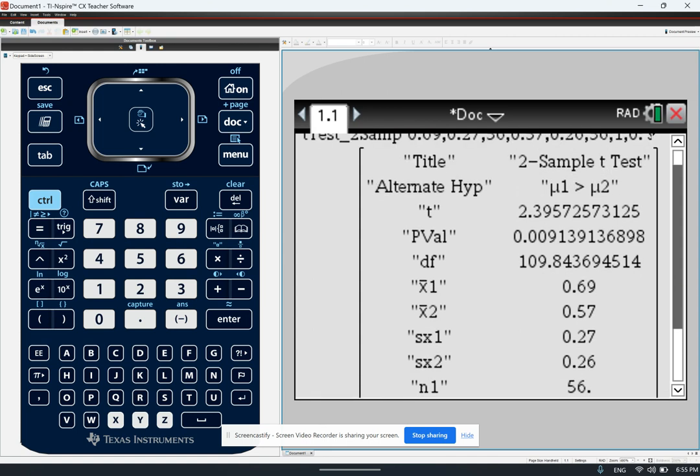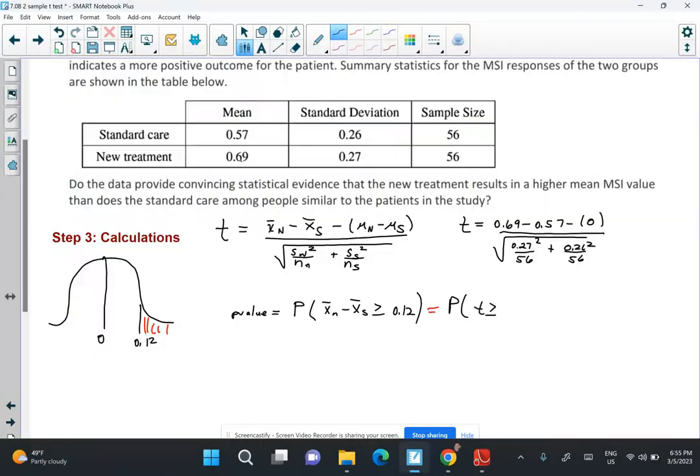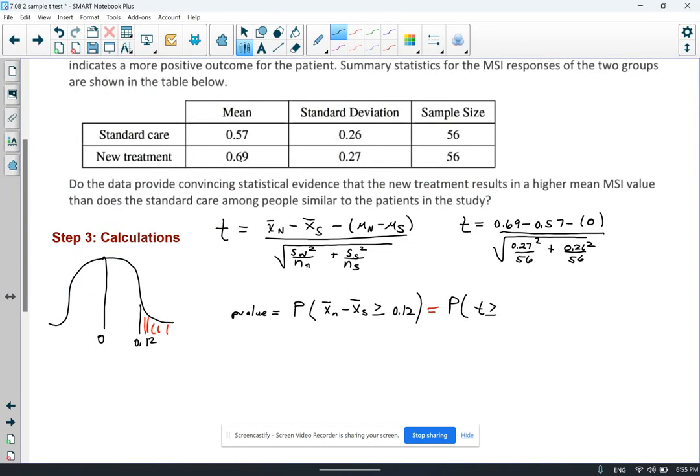And you hit OK, and notice that you get a t-statistic of 2.3957, a p-value of 0.00914, and degrees of freedom, and I'm going to round down, of 109. So it gives you all that information, and I'm going to put that in.